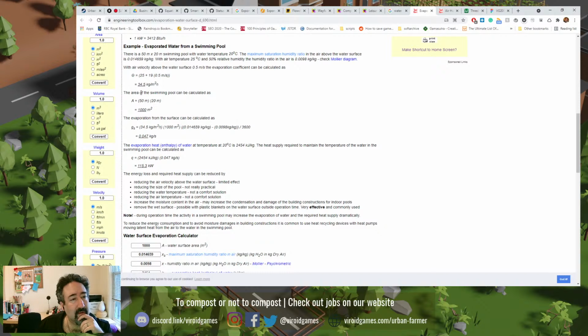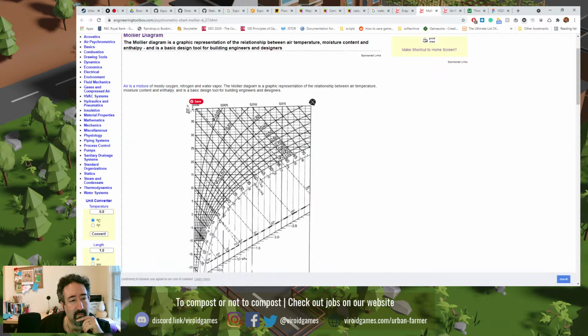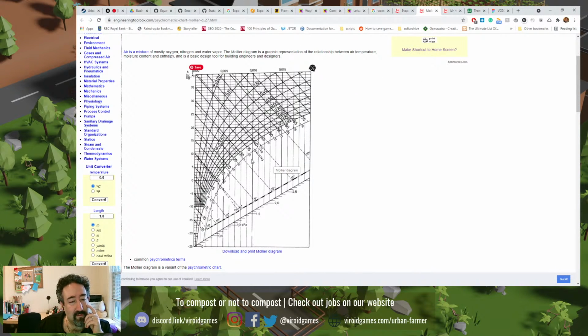Impressive. Seems high, but the area of the pool can be calculated as 1000, so you'll actually multiply it. And then this is that number that we pulled from the other page minus, for the air temperature, this 50% relative humidity. Yeah, more equations. Okay, love it.